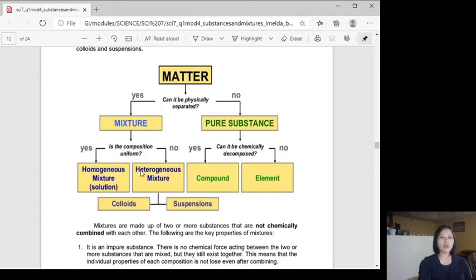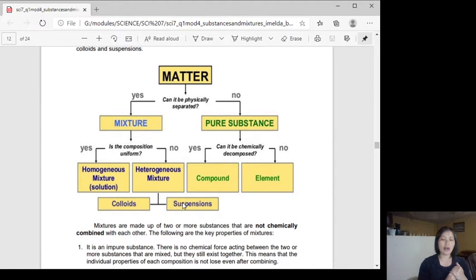Now, we go to heterogeneous mixtures. Heterogeneous mixtures can again be classified into two. You have colloids and suspensions. What is the best example of colloids? Colloids' best example is the glue, while for suspensions, you have clay mixed in water. If you have seen glue, it's sticky and it cannot pass through a semi-permeable membrane.